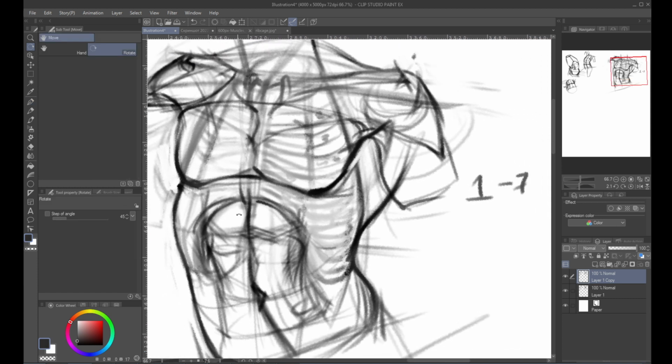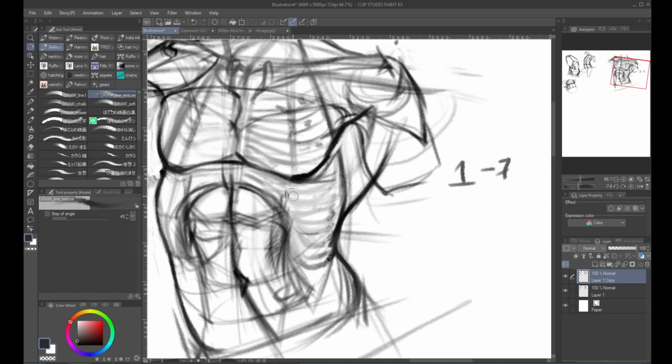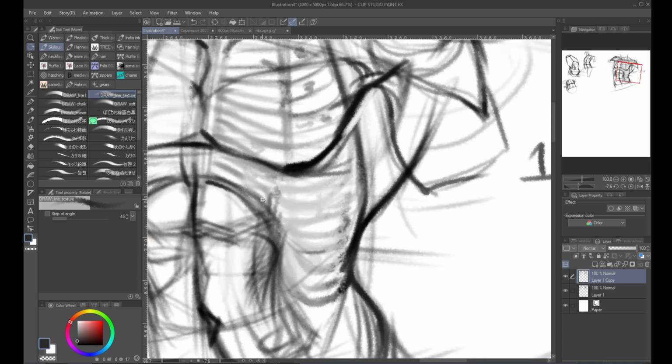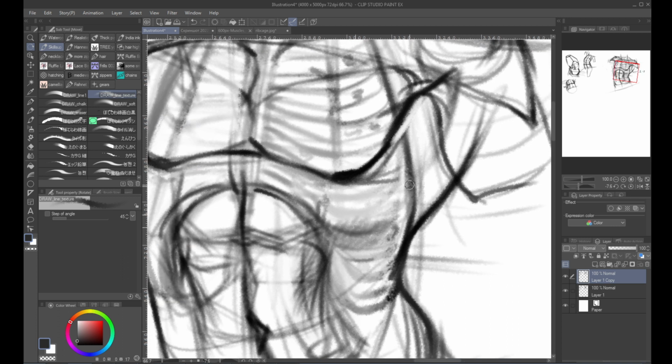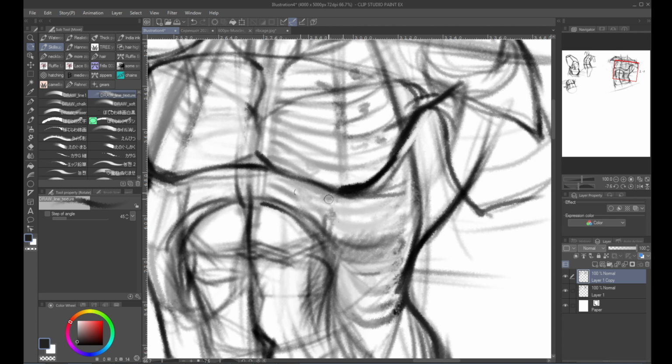Now we can determine the ribs a little bit again, but this time on the surface, and ribs on the surface can be mainly seen as these bits of shade, but of course, since we are drawing an athlete, it also means that we'll see the serratus muscle between our ribs.